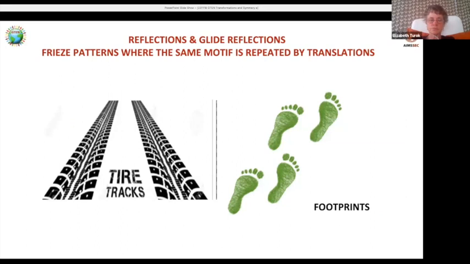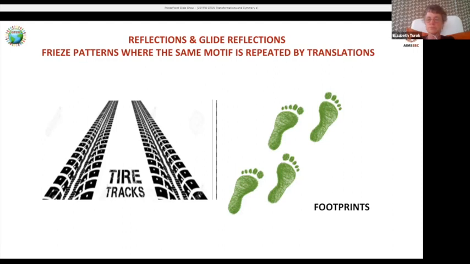Now we're going to think a bit more about this other sort of reflection, which is called a glide reflection. If you look at the green footprints, like our two hands at the beginning of the session, there is no symmetry within one foot, but there is when you look at a pair.